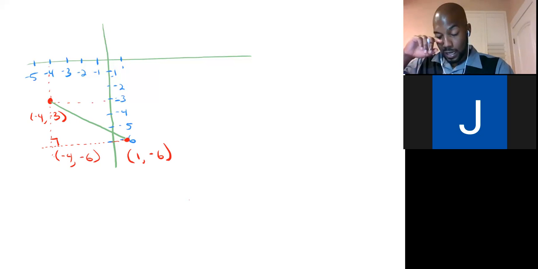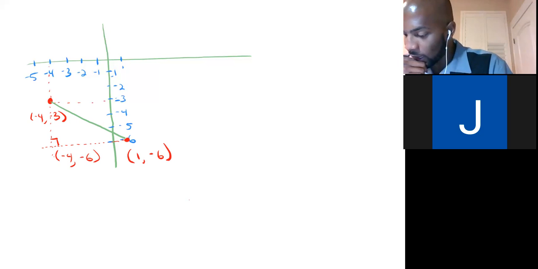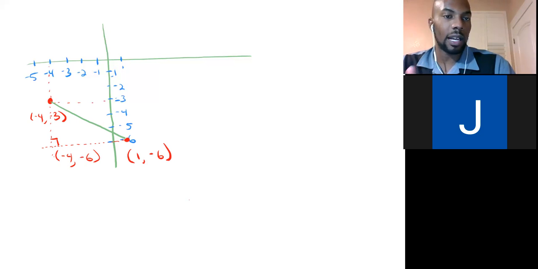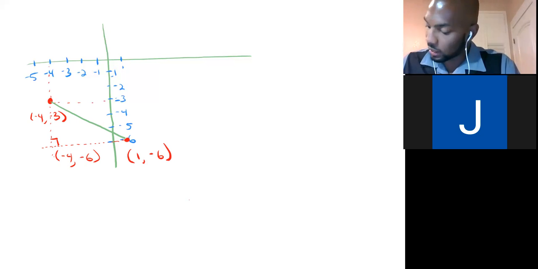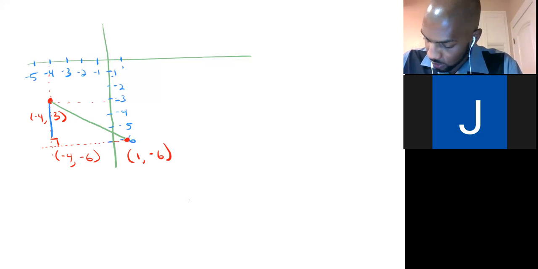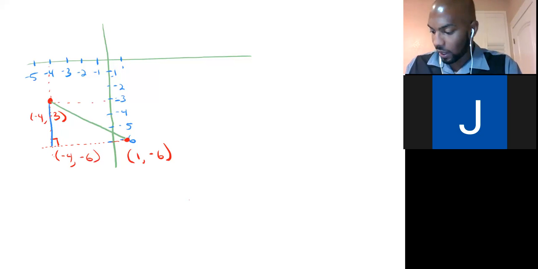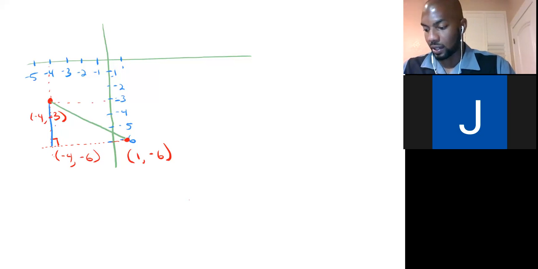All right, now I have to say to myself, okay, if I'm going to use the Pythagorean theorem, I'm going to need the lengths of each side. So let's figure out what is the length of this side here, this first one. Well, I'm measuring vertically, so I need to know what the y values are. I've got a -3 and a -6.